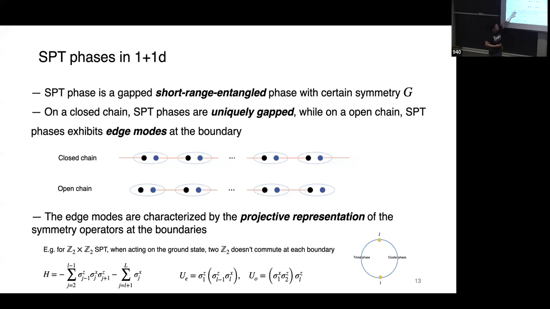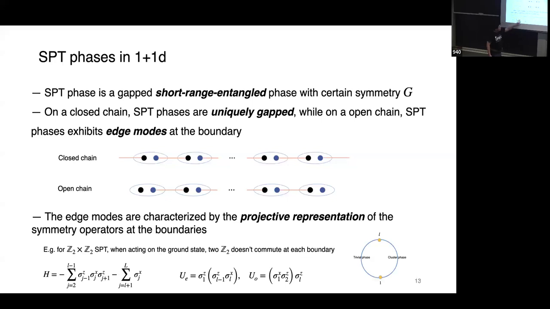We use the property that there are edge modes if we put the two phases on the closed chain. They have an interface, and we are going to find edge modes or projective representations at the interface. So we will study the ground state, and we will act with these two Z2s on the ground state.